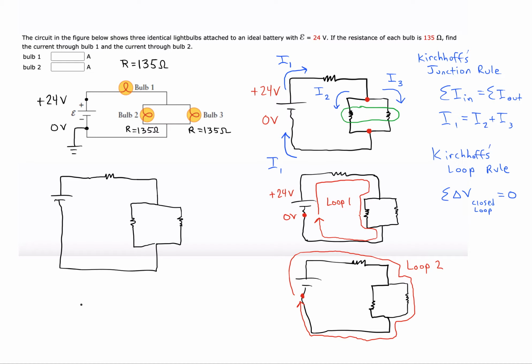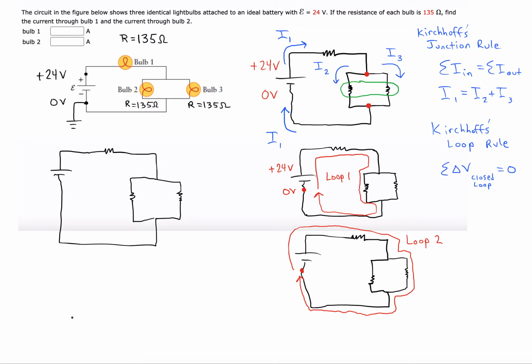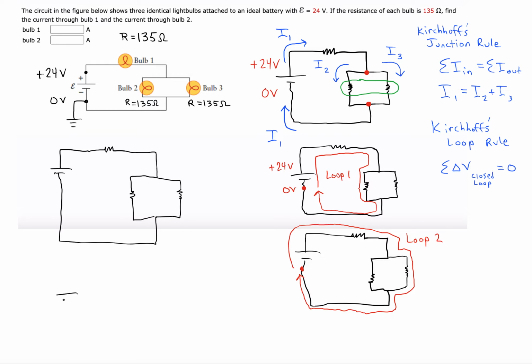Now I'll draw a simplified version of it. I combine the two parallel resistors into one. Now this one I'm going to call R3, this one's R2, this can be R1. That would make this one called R23 because it's a combination of the parallel resistors 2 and 3. And this one just stays R1.